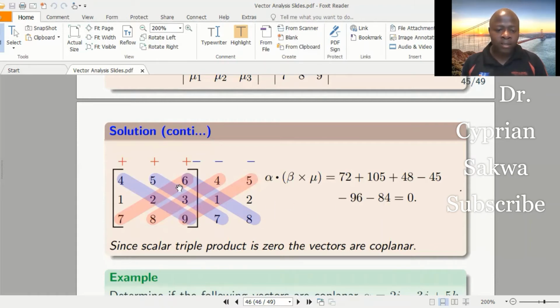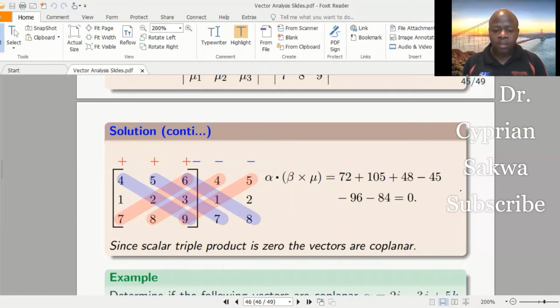So I subtract 96. And this other one will be 14 times 6, which is 84, so I subtract it. And when I do this, I find 0. So this scalar triple product is 0. And since it is 0, we say that the three vectors that were given are coplanar.